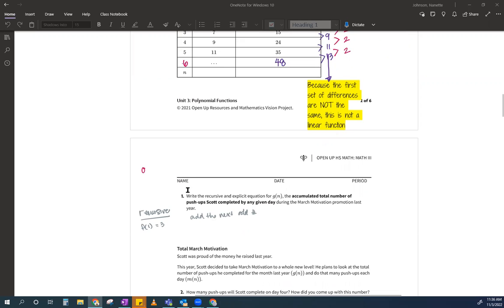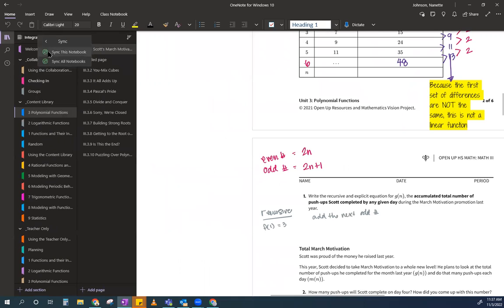I know it sounds really weird, but think about this with me really quick. If you look at 2n, that's an even number. So the way you say an even number is just 2n.